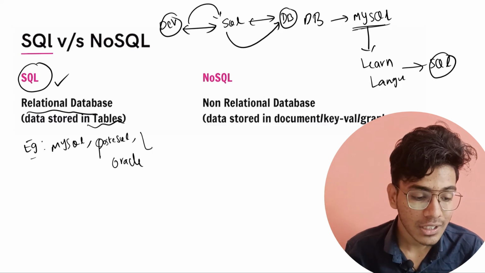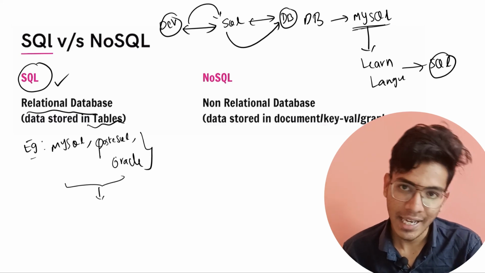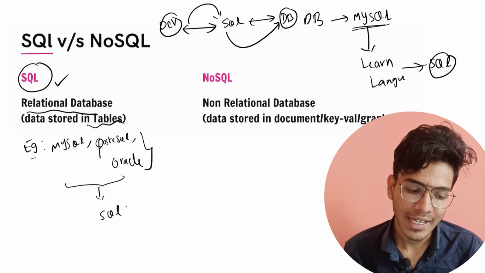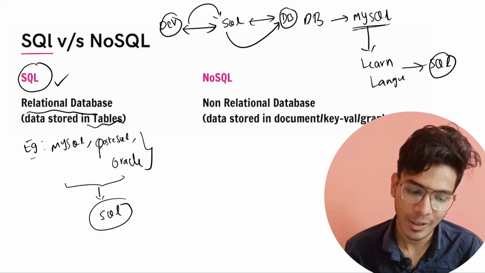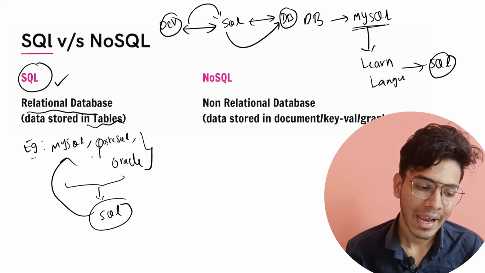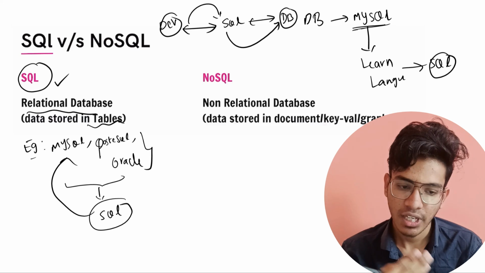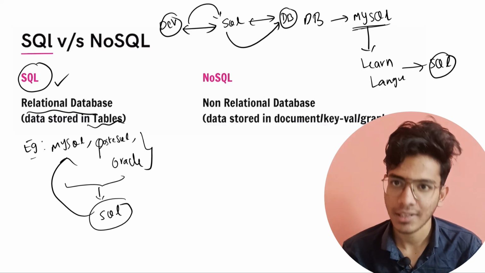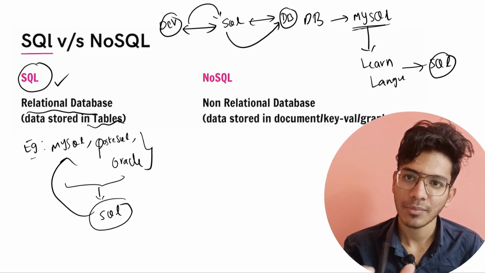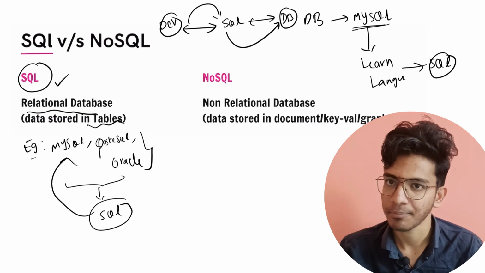And to interact with these databases, all we have to do is understand SQL. By learning the concept of SQL, we can interact with these databases. Okay, and there might be minor changes when we change from one database to another, but the query statements, the overall syntax of the language, is going to be the same.